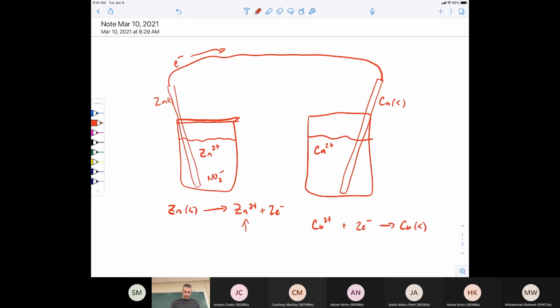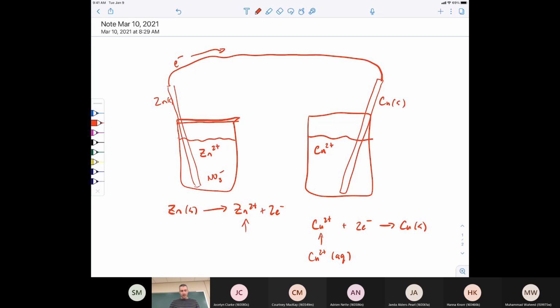And these ions that we have here and here are in the aqueous state, so we would say Cu 2+ (aq), because they're dissolved in water. The electrons, I guess we don't even give a state because they're not really solids, liquids, or gases. So we just leave them like 2 electrons.